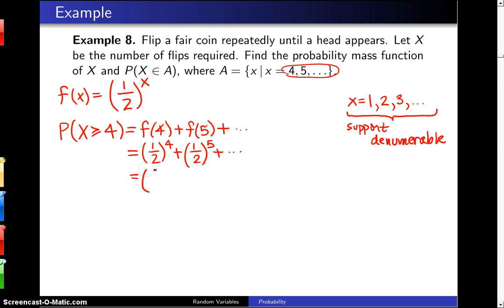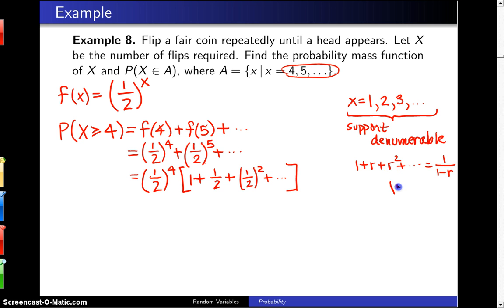If you factor a 1/2 raised to the 4th power out of every term, you will get 1 plus 1/2 plus 1/2 squared, etc. And you recognize that as a geometric series. And you know that the sum of the geometric series 1 plus r plus r squared, etc. is 1 over 1 minus r whenever the absolute value of r is less than 1.